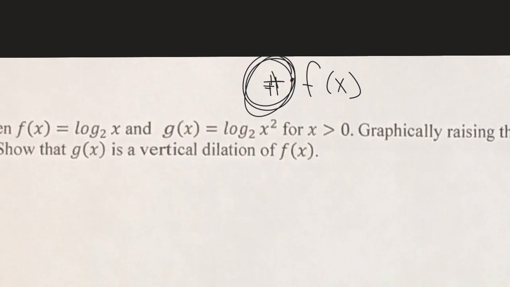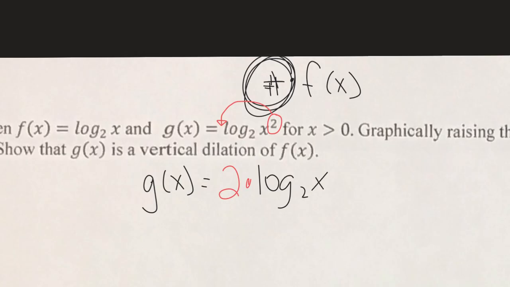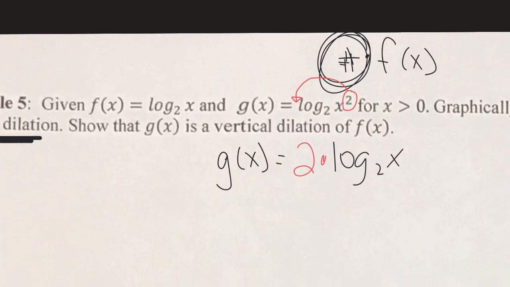Okay, so we're going to apply this property of powers and bring our 2 to the front. So g of x equals 2 times the log base 2 of x. Well, I have named log base 2 of x, I've named that f.